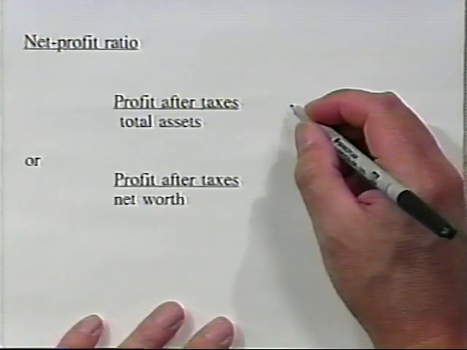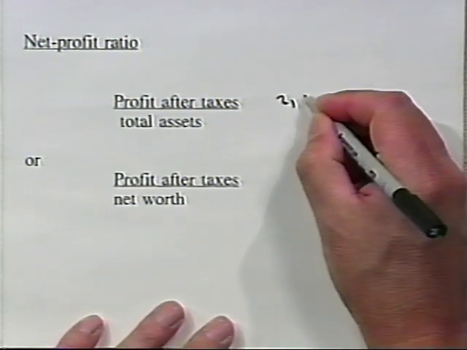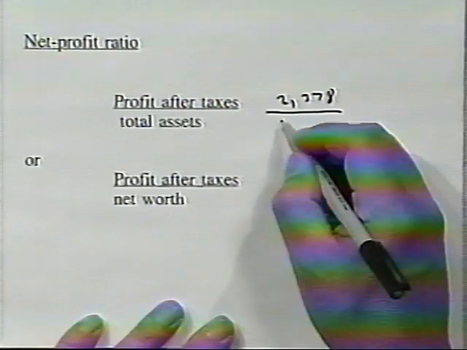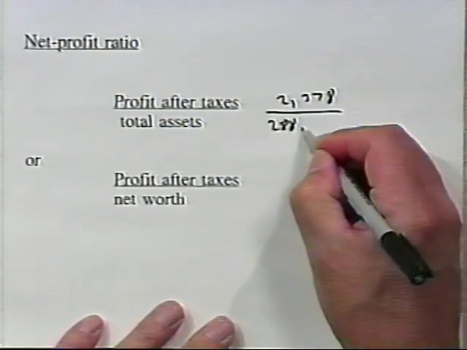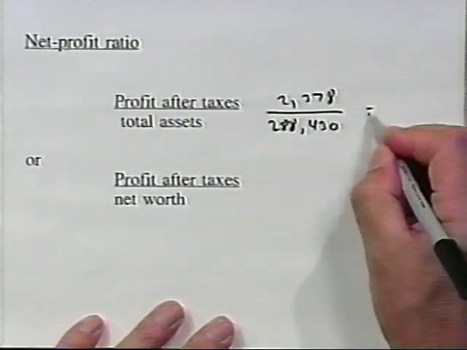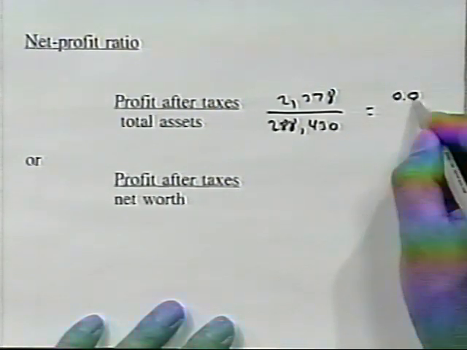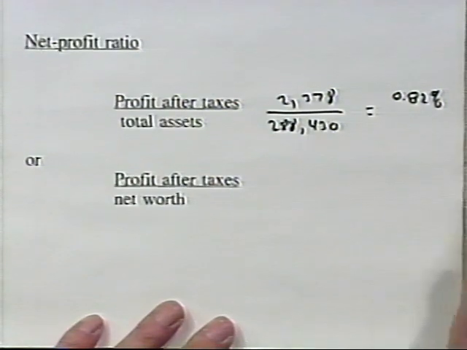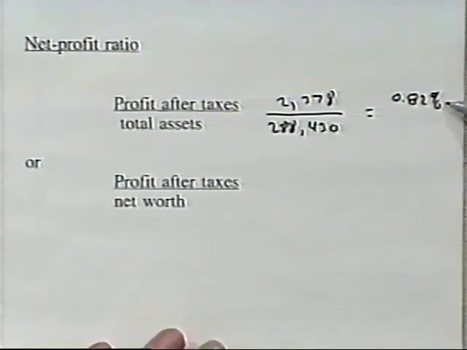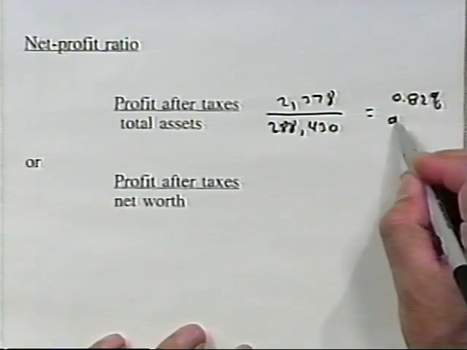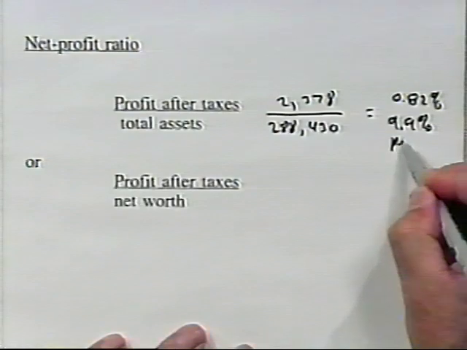So with respect to total assets, we've got 2,378 divided by 288,430, which is 0.82%. That's per month, though, because our income statement was over a month period. To find the interest per year we're earning, we have to convert that to a yearly rate, and it's 9.9% per year.